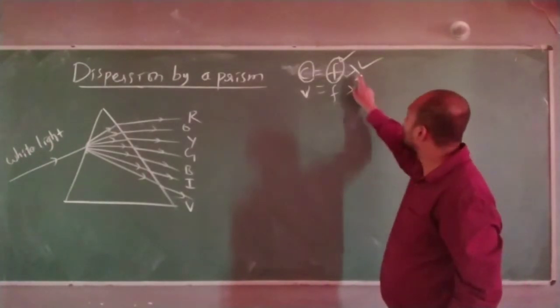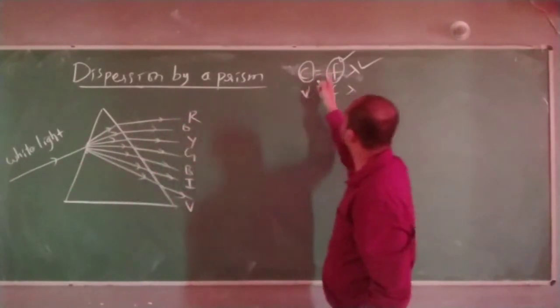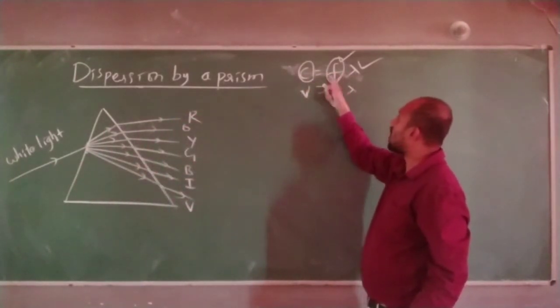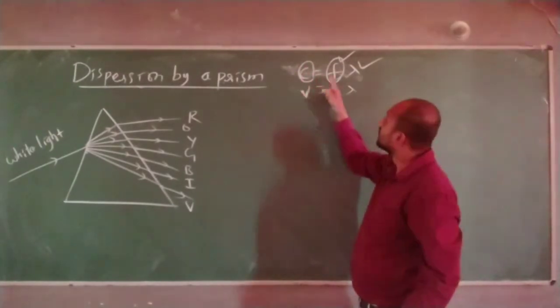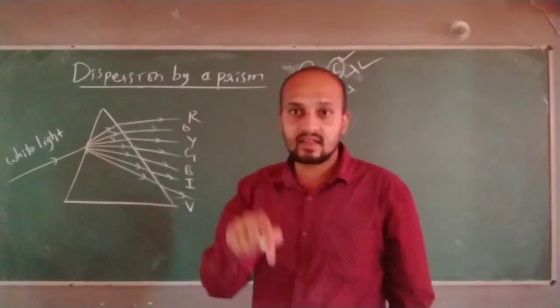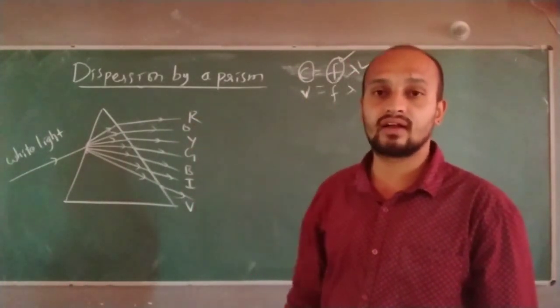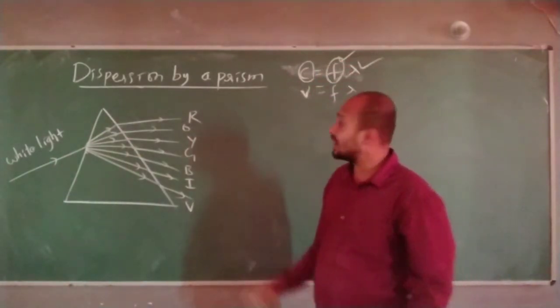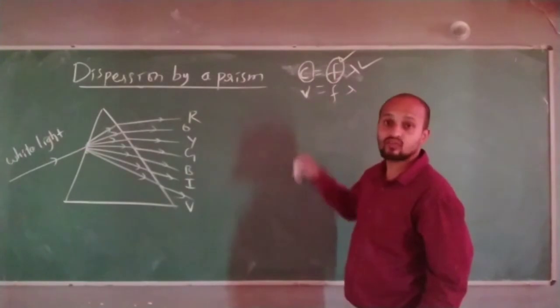Correct now? The white light consists of different frequencies. Obviously, for all of them the speed of light is the same in vacuum, so they have different wavelengths. Because they have different frequencies, they will have different wavelengths. Why? Because all of them have the same speed, that is the speed of light.